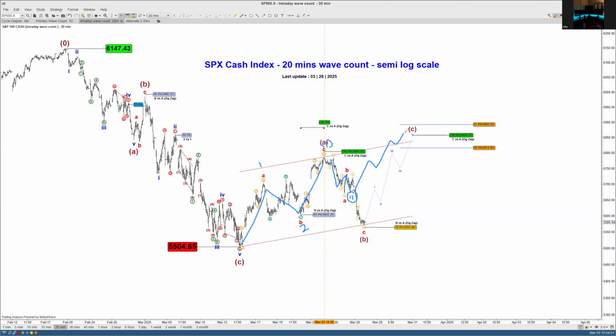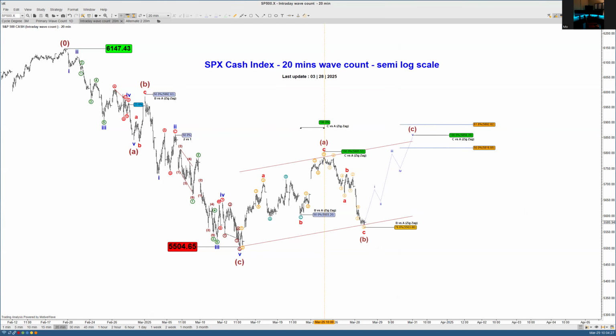Then I would say we can look for this third to move back up toward this zone. That's what I was looking for. It didn't happen because we broke this damn low yesterday. So we'll see what happens on Monday.